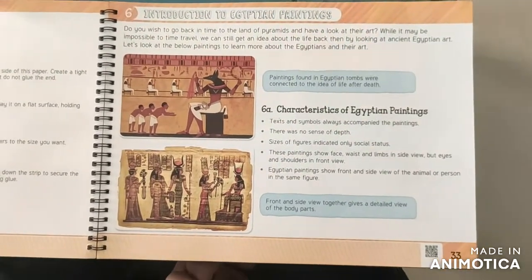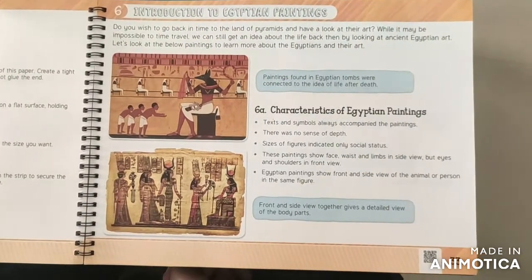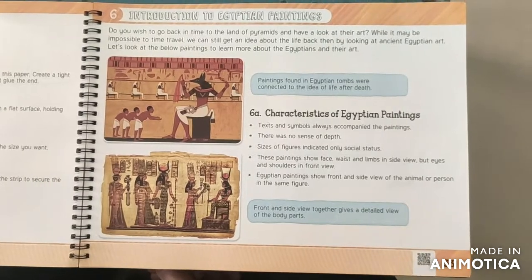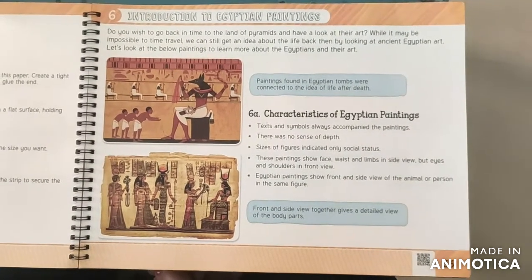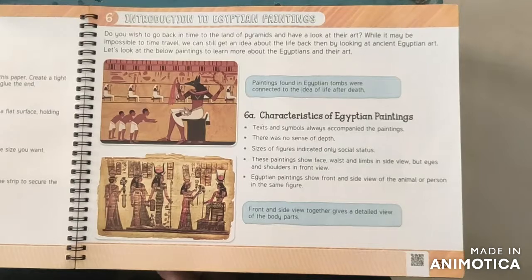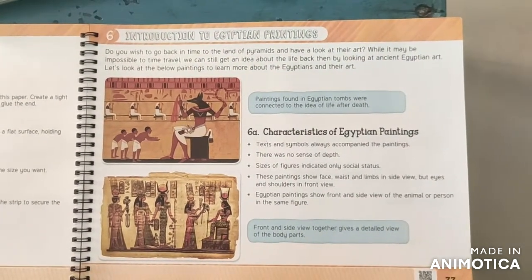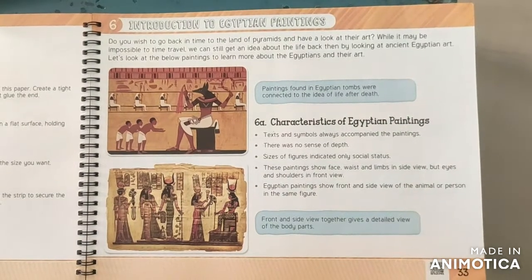Friends, look at this page number 33 and unit number 6. Introduction to Egyptian paintings. Egyptian means what? Related to Egypt.